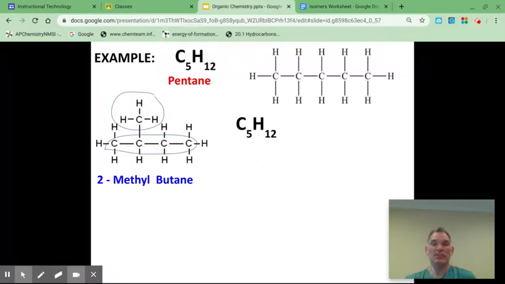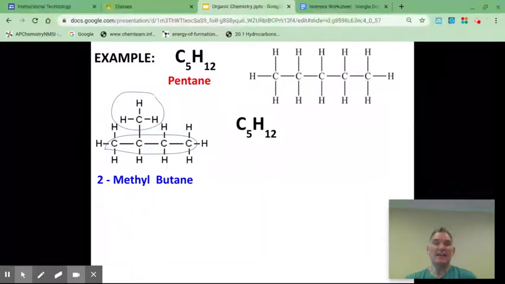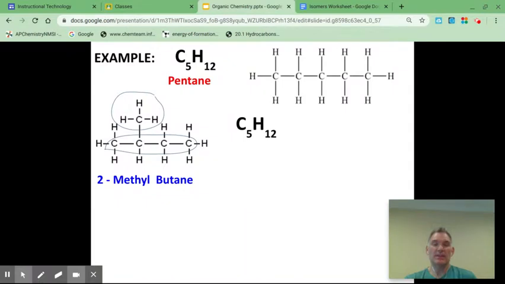Again, you may want to watch that one more time to see how that's done, but what you see is what you get. Now, here, the question becomes, just like before, are there any other isomers that I can create? So I ask myself, can I move this methyl over to here? And does the structure and name change?